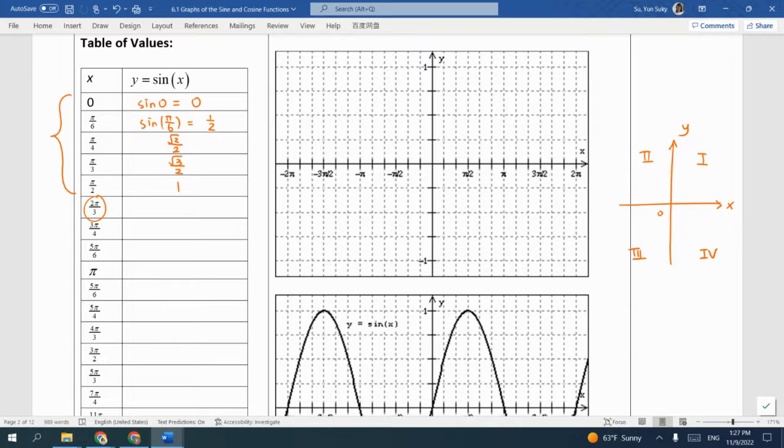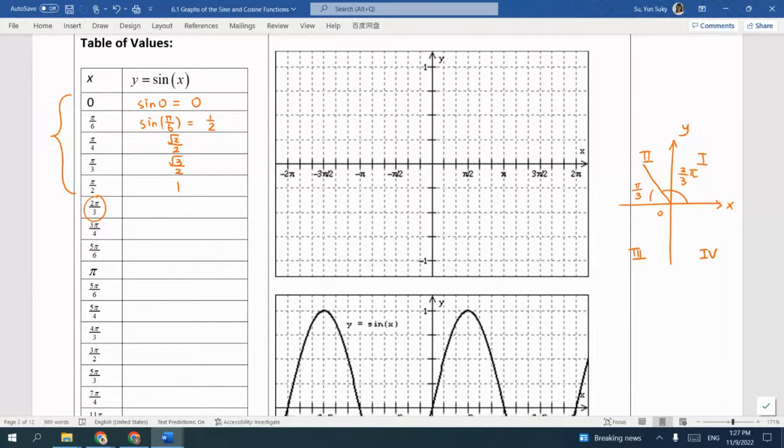This is in quadrant 2. And what is the reference angle? Pi over 3, right? This angle, 2 pi over 3, is right here. The reference angle is the angle made by the terminal side and the horizontal axis. This angle is pi over 3.